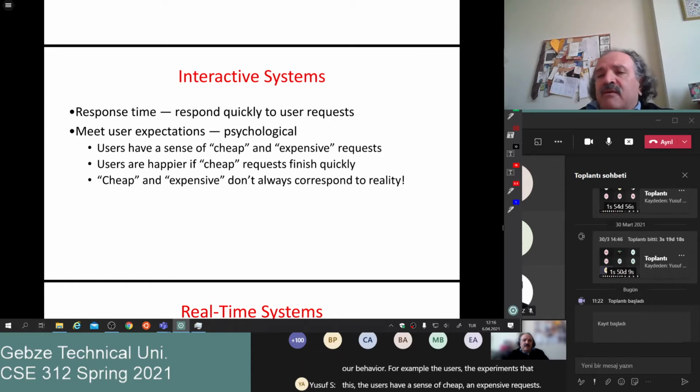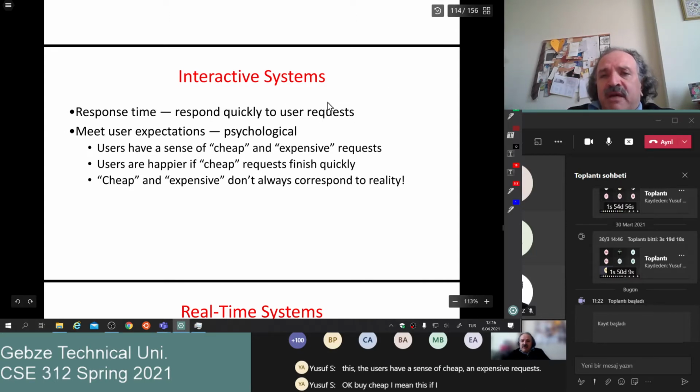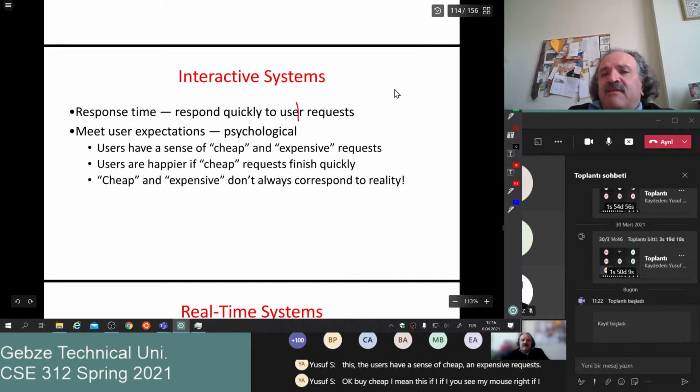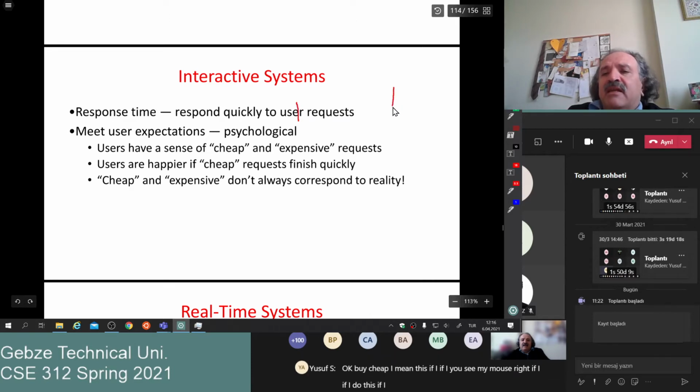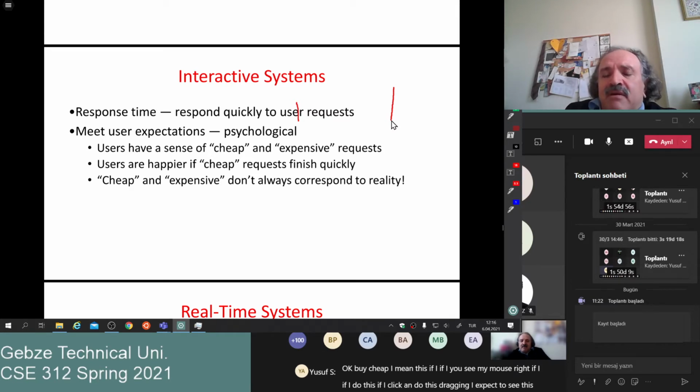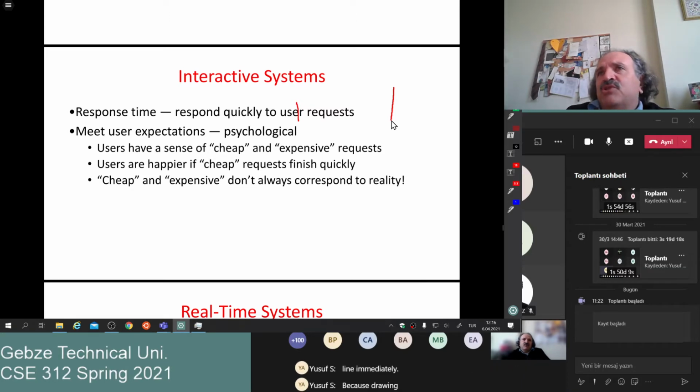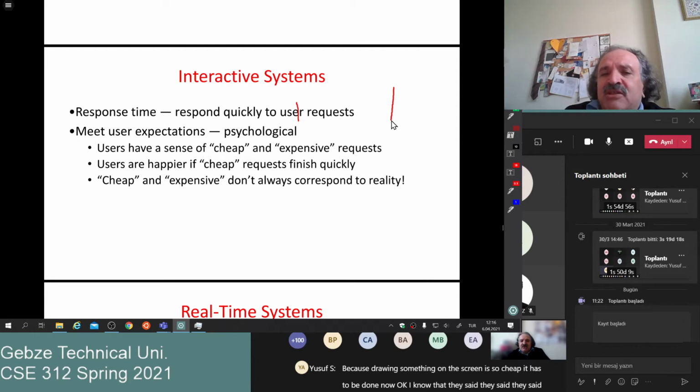By cheap I mean this. If you see my mouse, if I click and do this dragging, I expect to see this line immediately, because drawing something on the screen is so cheap. It has to be done now. That's a cheap expectation, and it has to be done in a fast way. I mean, as a human, I think that way.